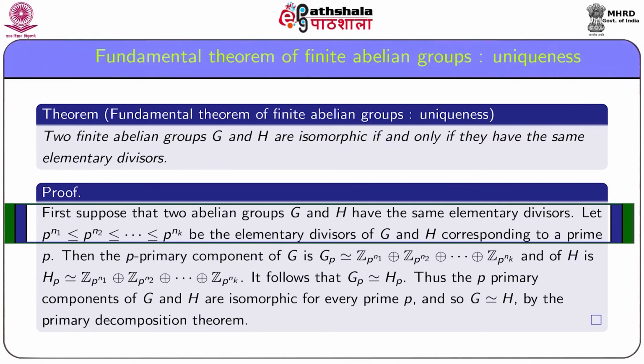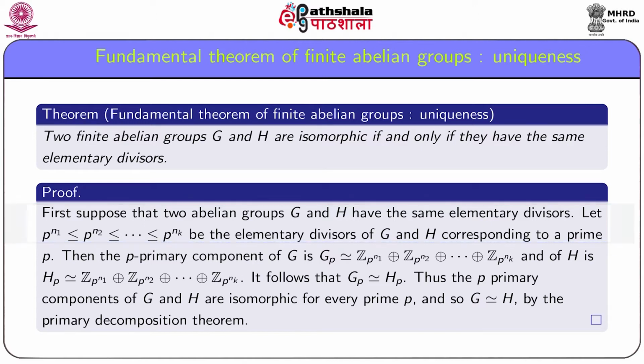First, suppose that two abelian groups G and H have the same elementary divisors, and also assume that p to the power n1 less than or equal to p to the power n2 less than or equal to, and so on, less than or equal to p to the power nk are the elementary divisors of G and H corresponding to a prime p dividing the order of G, which equals the order of H.